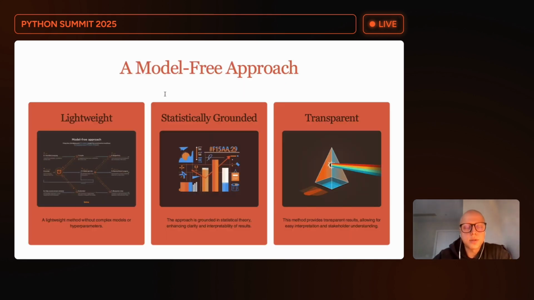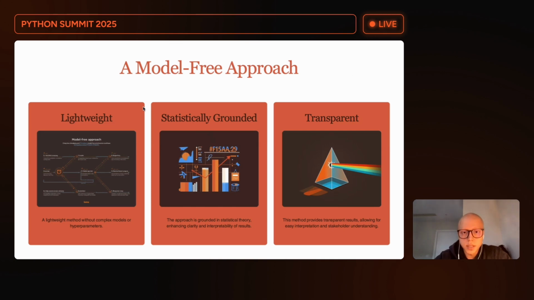And here is what we are going to see. What we are going to see is a screening-based, model-free approach to solving the problem of selecting features based on imbalanced binary datasets. Some of the properties of that method are that it is very lightweight, very simple, and really very easy to understand.